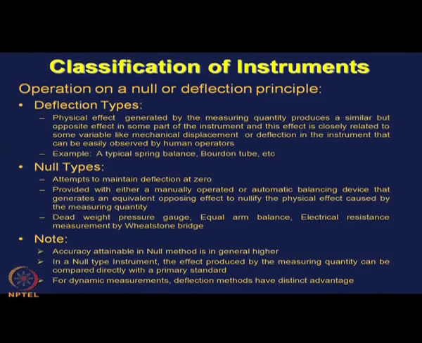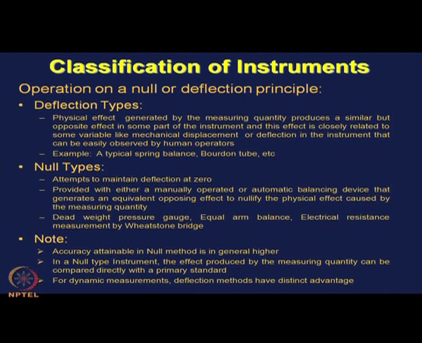However, for dynamic measurements, deflection methods have distinct advantage because they are faster. However, it is possible to increase the speed of the null method by using automatic balancing devices.